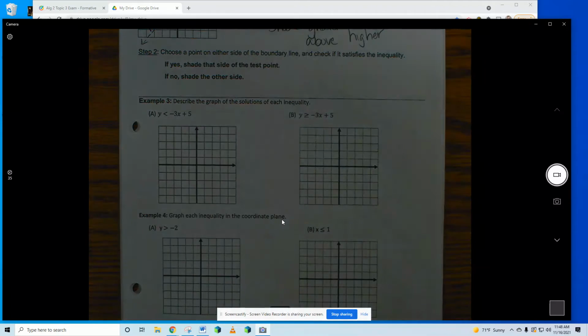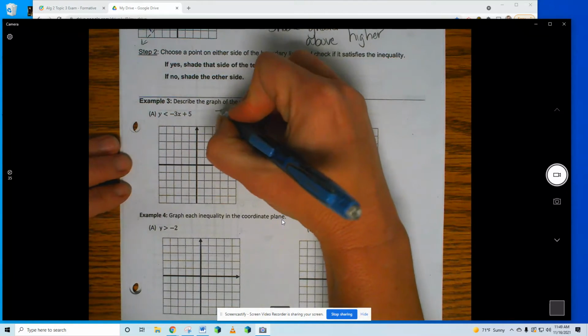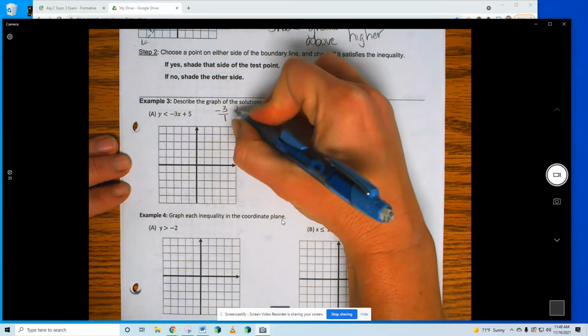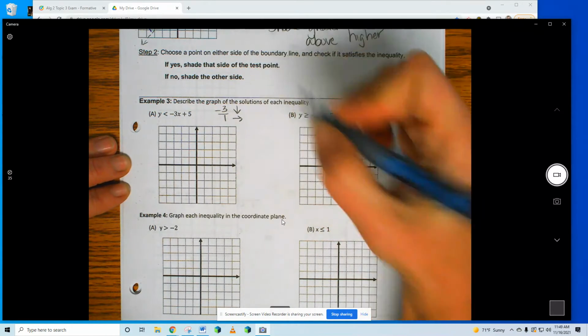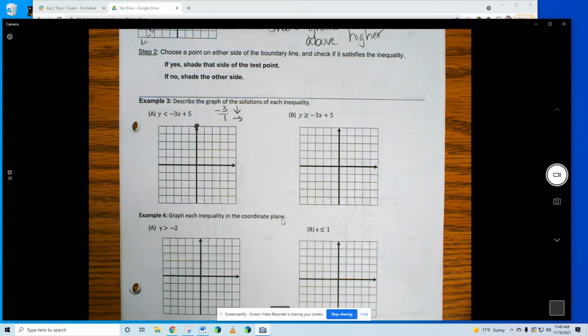Begin at 5. My slope is negative 3 over positive 1. Down 3, right 1. Beginning at positive 5 is way up here. Down 3 over 1.